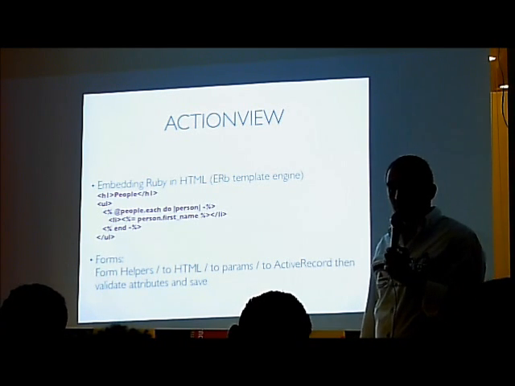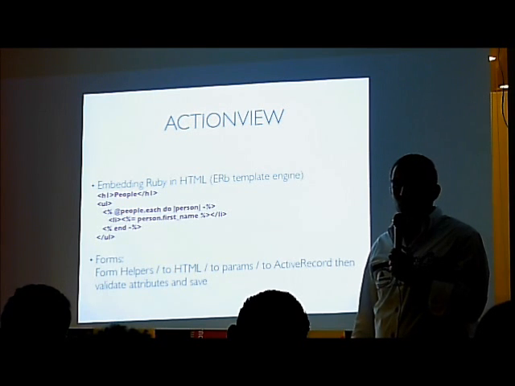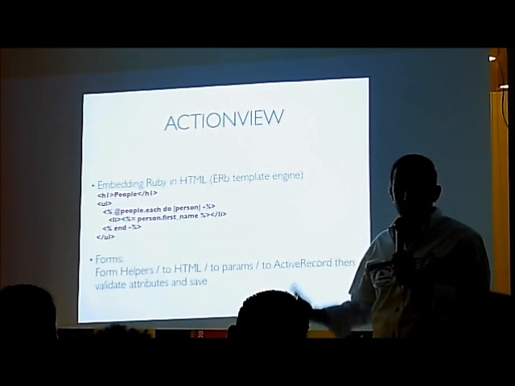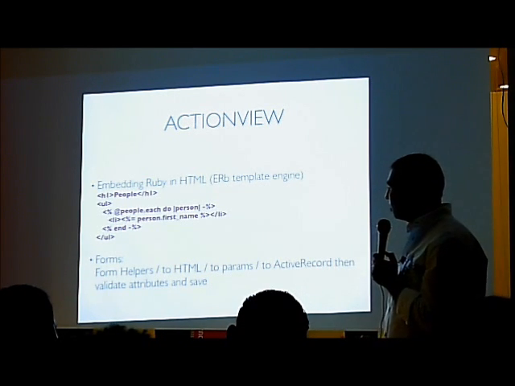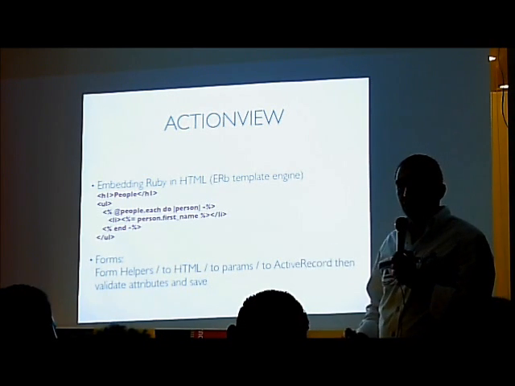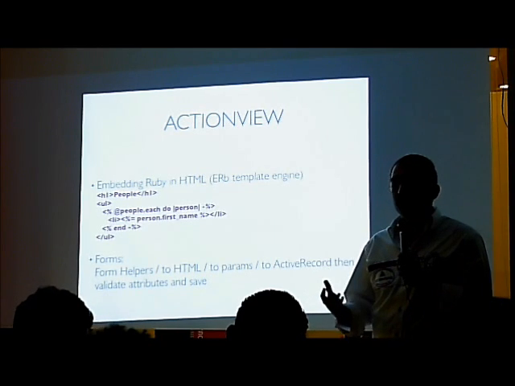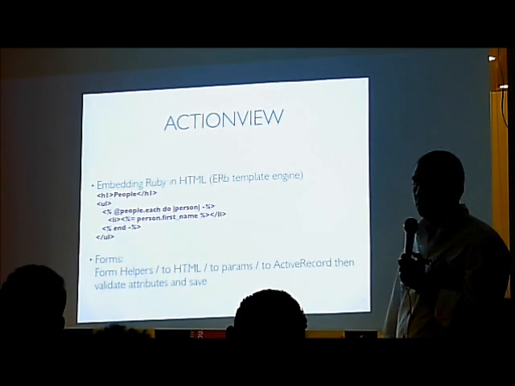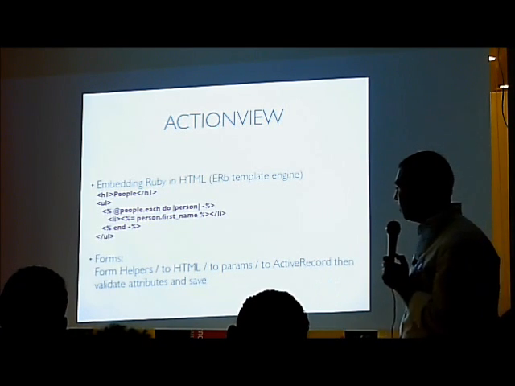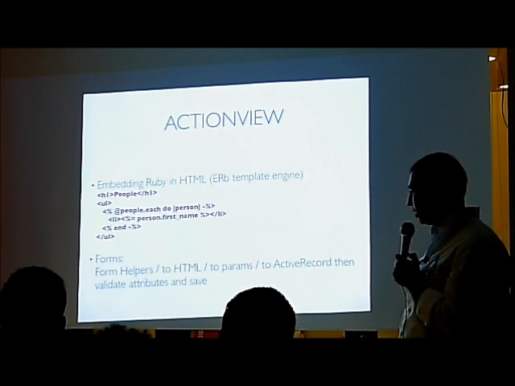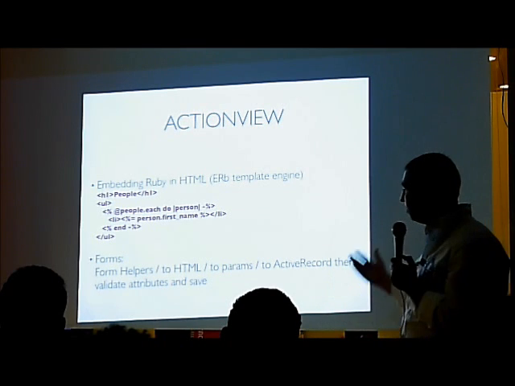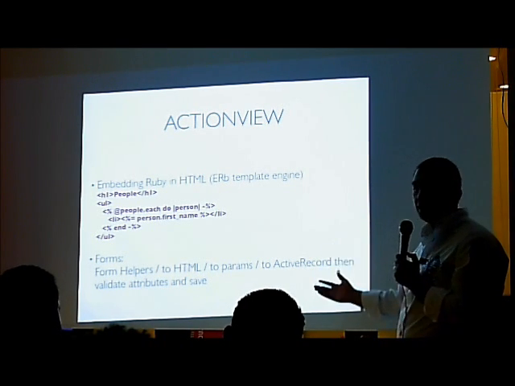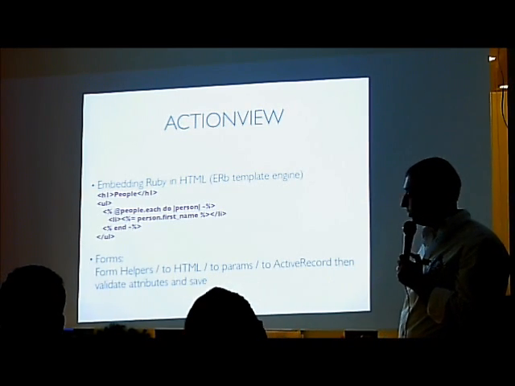So forms use code to generate additional code, like we saw with render earlier. The form helpers help you generate the right text field, the right image, a file uploader, etc. And then they are translated to HTML. Then when you submit the form, it's passed as parameters. And then Active Record checks and validates the attributes and then saves the record.